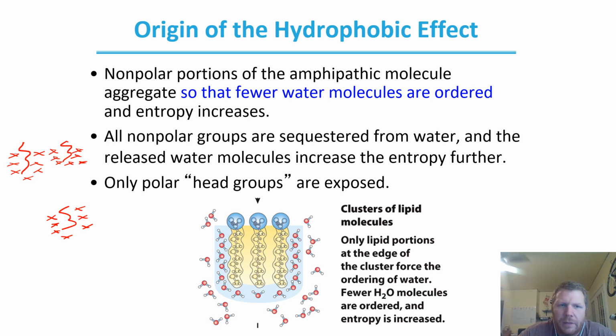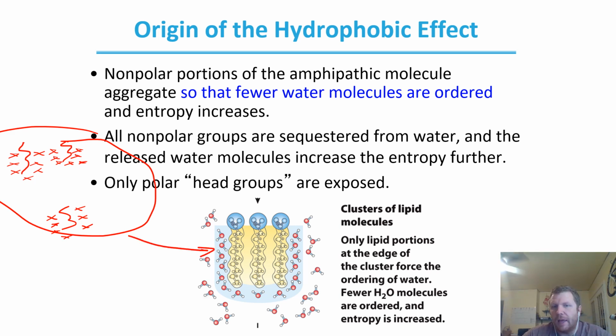What's going to happen is these three that I've drawn are going to aggregate together, and it's going to look something like that. And when it looks like that, what's happened? Do we have water molecules here or here? No, we're not. The only water molecules that we're going to have are on the outside.